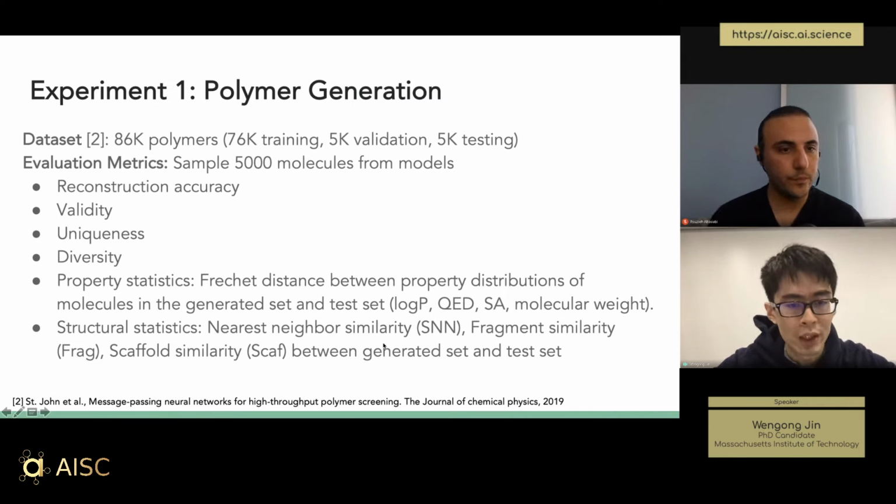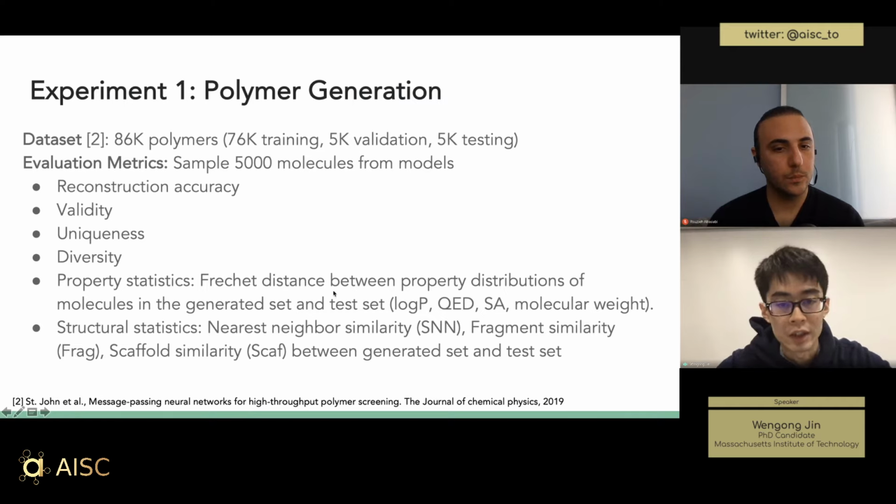In addition, we also try to measure whether the generated molecules have a similar property distribution to the molecules in the test set. So here we computed the Fréchet distance between the property distribution of the molecules generated and the molecules in the test set.